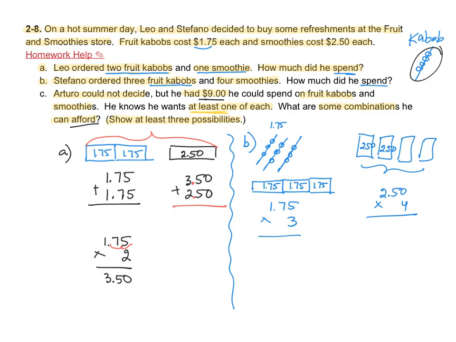So he has to have at least 1 fruit kebab, and at least 1 smoothie, but he could have more as long as you don't go over $9. So try it on your own, have fun. You could also draw on this problem.